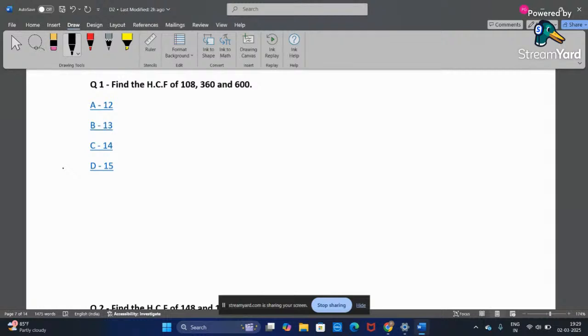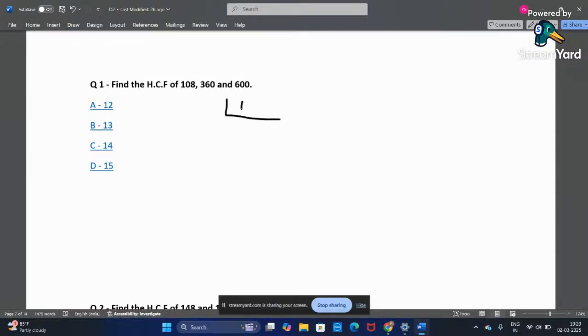Here we need to find the highest common factor. What you have to do? Here we need to find the factors for each number, right?